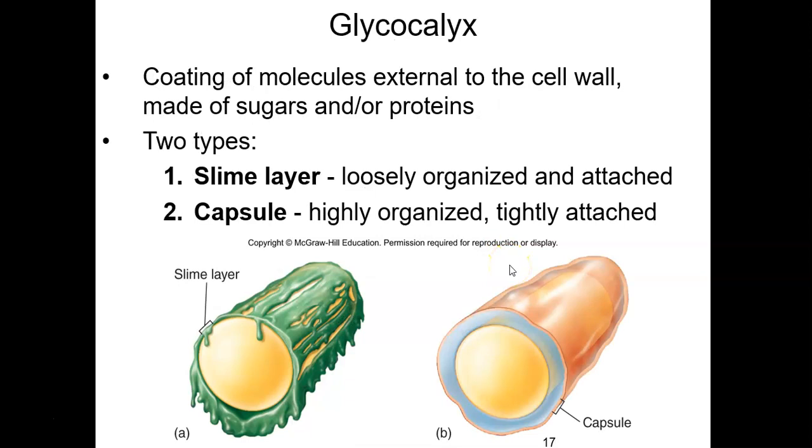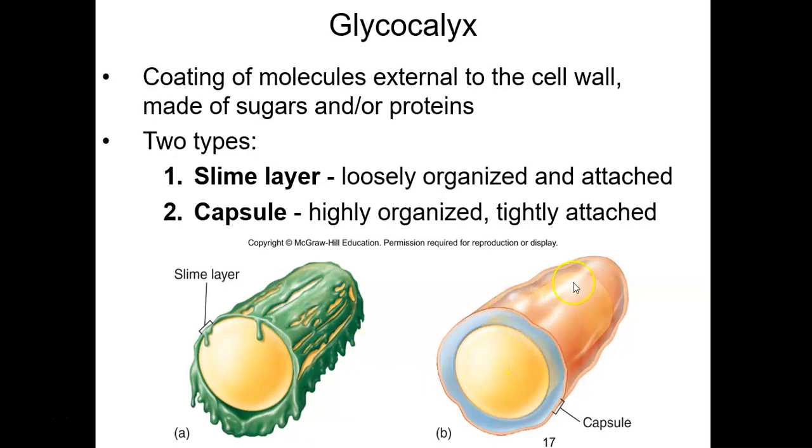And we also mentioned the glycocalyx. And the glycocalyx is this outer coating consisting of sugar molecules. And there's two different types. You'll see this one here. It's this very loosely disorganized layer of coating on the outside of the cell, which we call the slime layer.